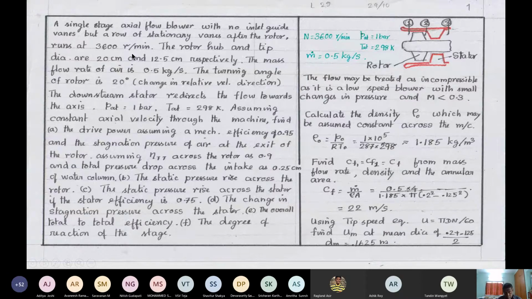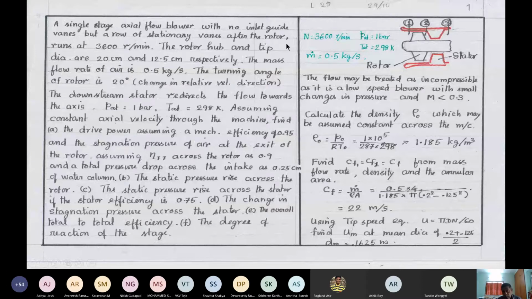When compared to that, 3,600 is really small. We know that when the Mach number is less than about 0.3, the flow may be treated as incompressible. So this one is rather a blower than a compressor. Anyhow, some thermodynamic analysis is there.